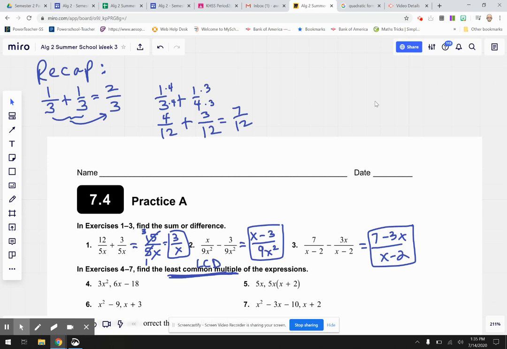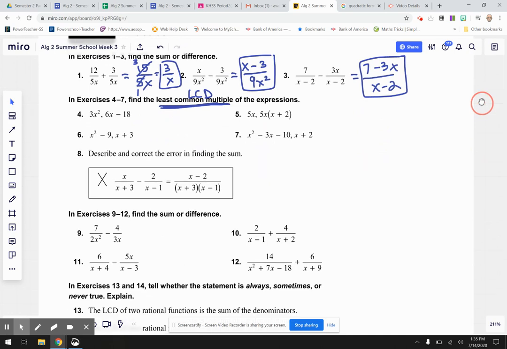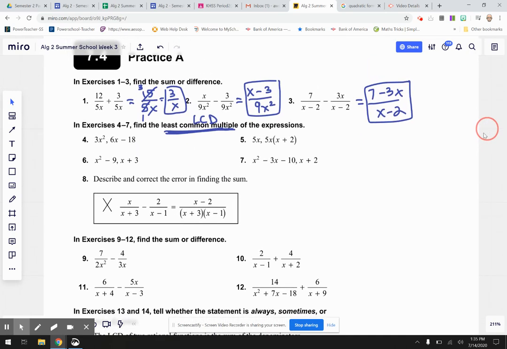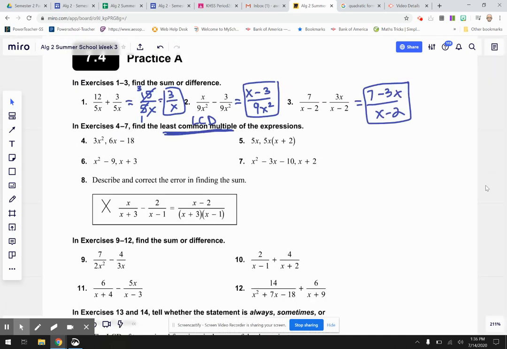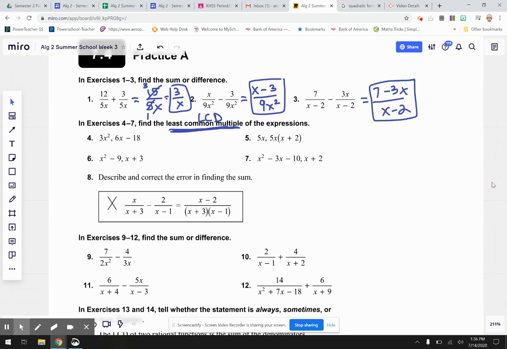So we've got a 3x squared, and then we've got a 6x minus 18. So one safe denominator would be if you multiplied those together. That would be a safe one, but that's not the lowest.